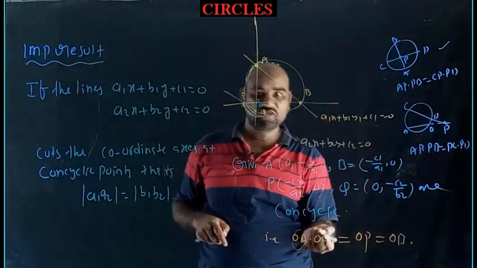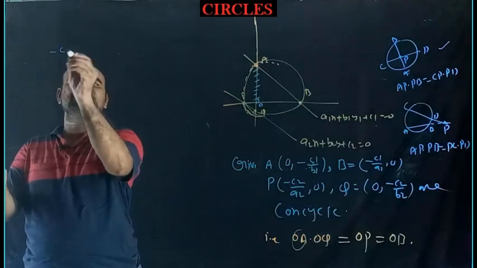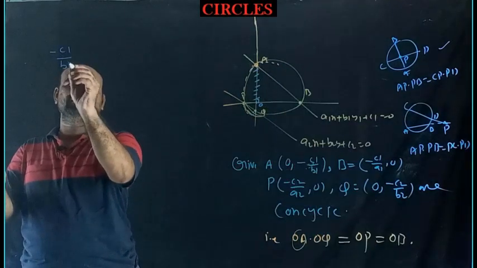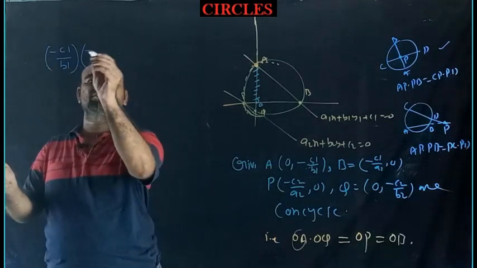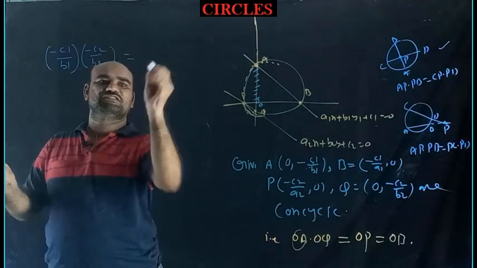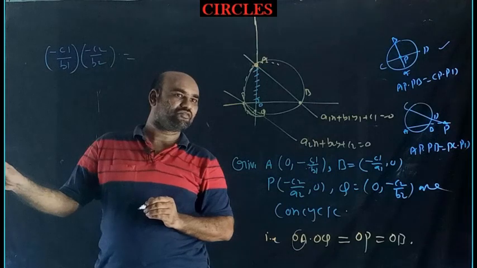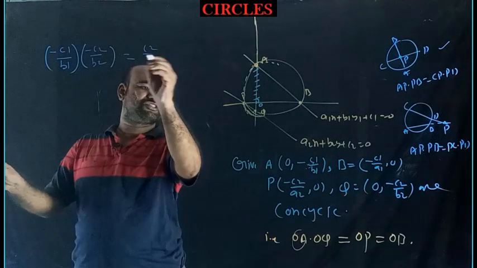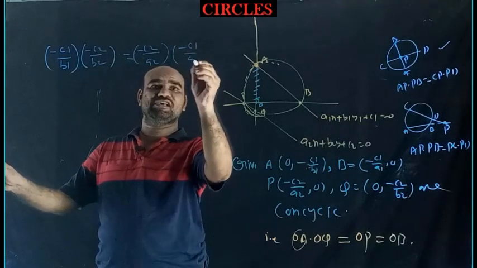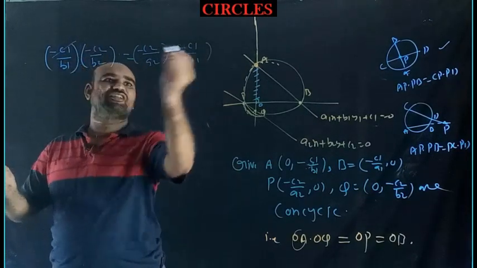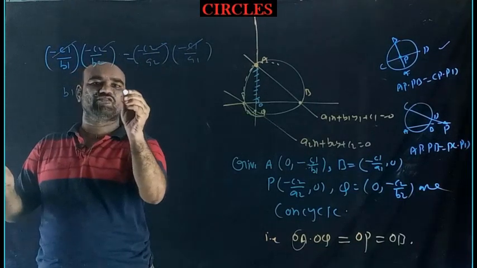OA means distance from O to A, and OQ the distance from O to Q. So OA means minus c1 by b1, into OQ means minus c2 by b2, equal to OP means c2 by a2, into minus c1 by a1. Here minus c1 and c2 get cancelled. b1 b2 equal to a1 a2.